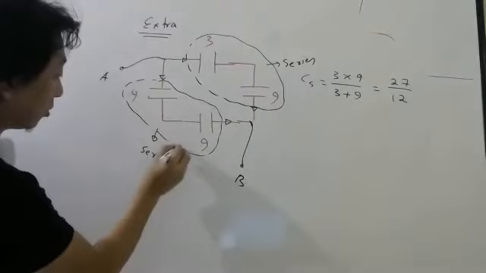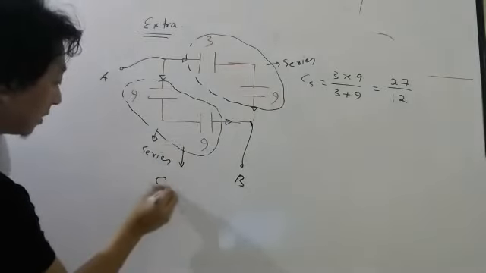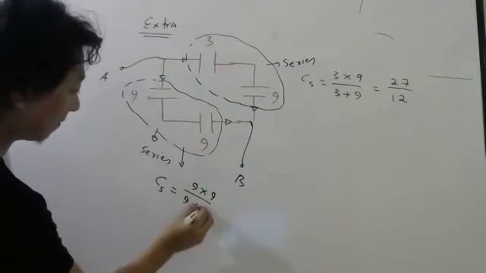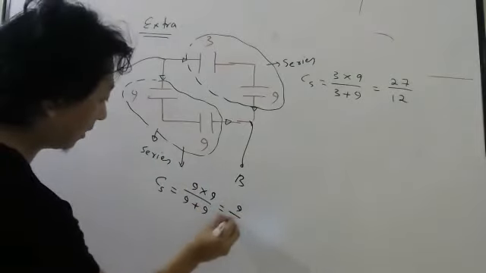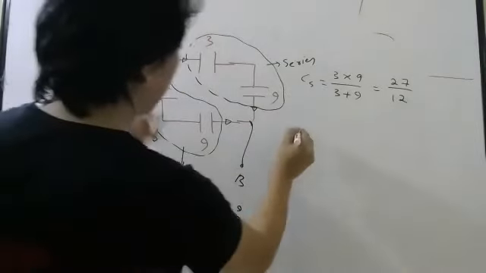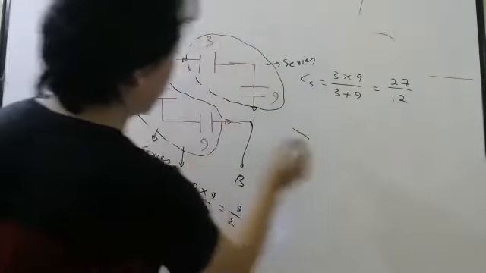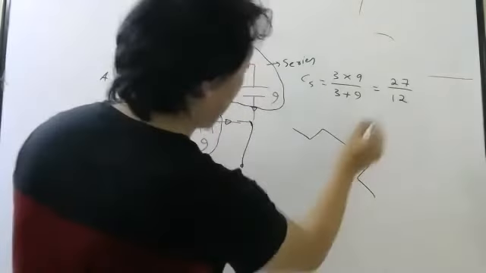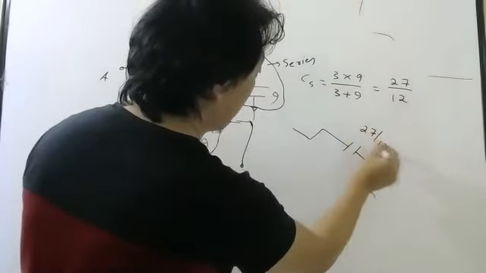Similarly, these two are also in series. So here what will be the answer? 9 into 9 by 9 plus 9. That will be 9 by 2. Then once I found these two, you can replace these two by one capacitor here, whose value is 27 by 12.